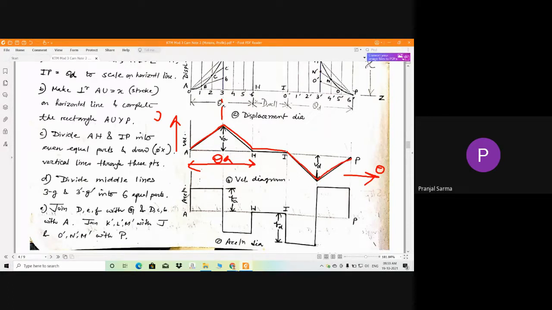Now for the acceleration diagram, theta along the x-axis once again, and the acceleration along the y-axis. From here to here, once again, if you project, this much is theta a, right?